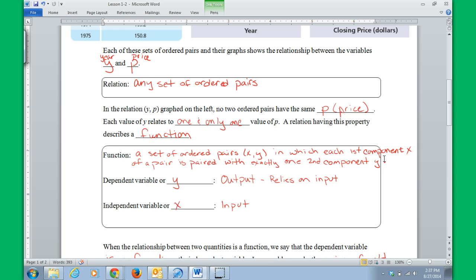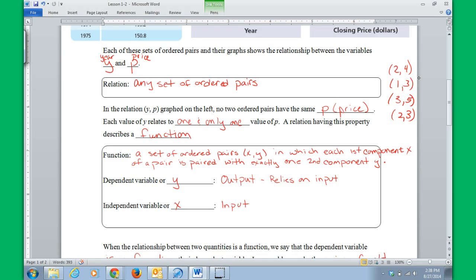So let's look at two examples of that. I'm just going to put it in this margin right here: 2, 4; 1, 3; 3, 5; and 2, 3. We have a relation here. I want to know if this relation is a function.